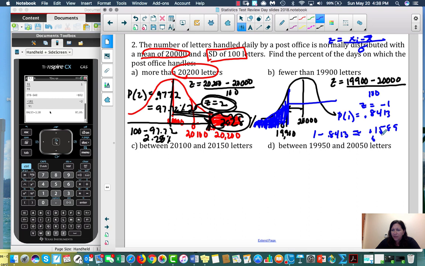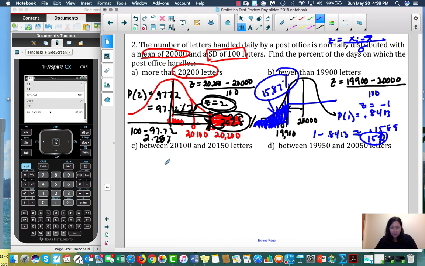So that's about 15% of the data. So this value here is about 15 point something, I think it becomes 15.87, something like that. So 15.87% of the data.